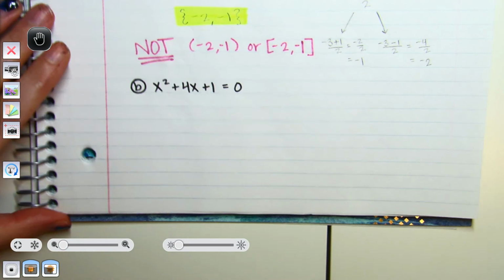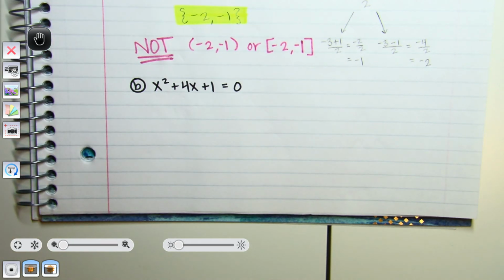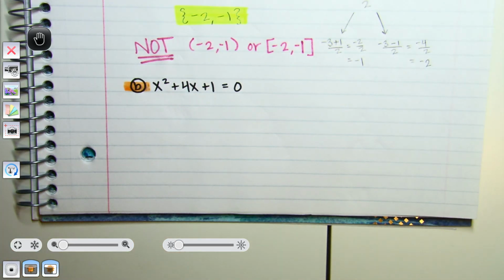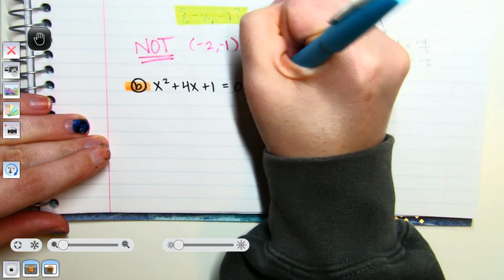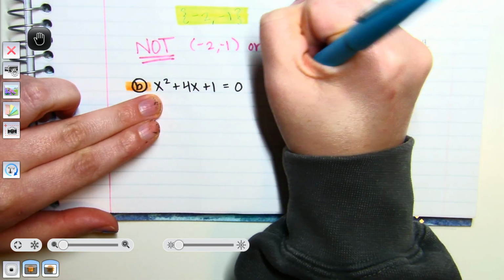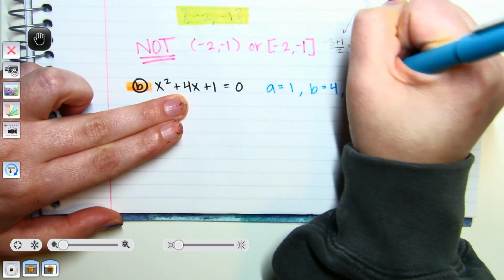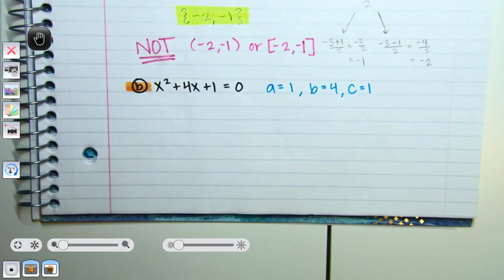Let's look at another example. Oops, I didn't highlight B. There we go. So first thing I'm going to do is write my A, B, and C value. So A is 1, B is 4, C is 1. You don't have to write that if you don't want to.